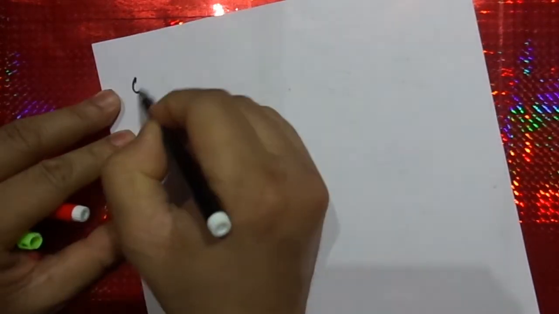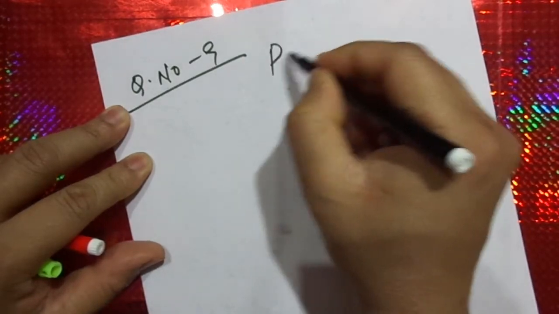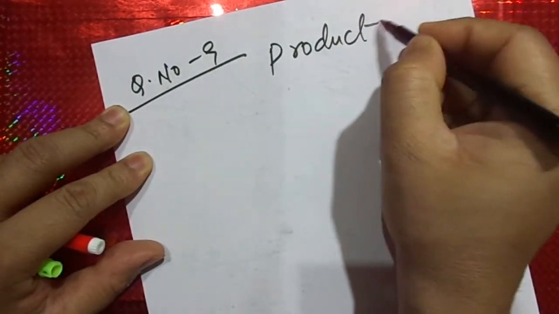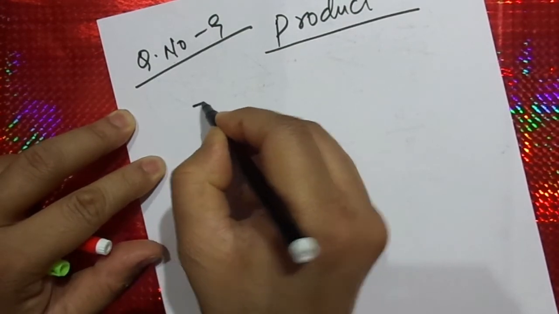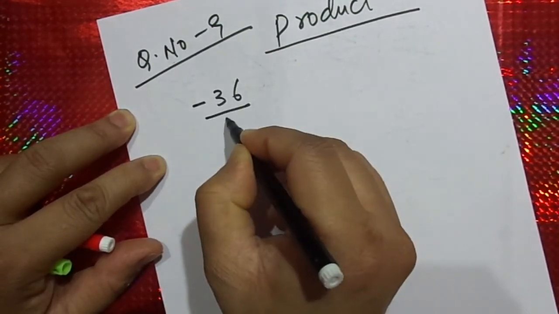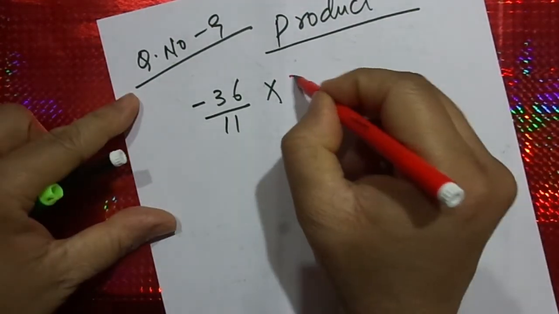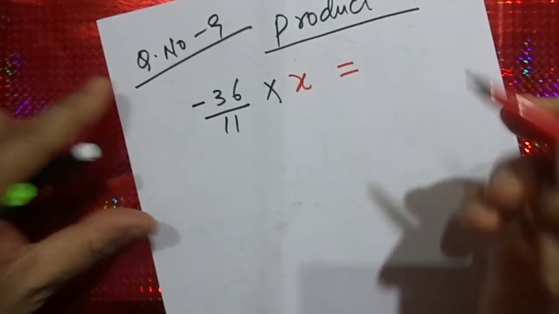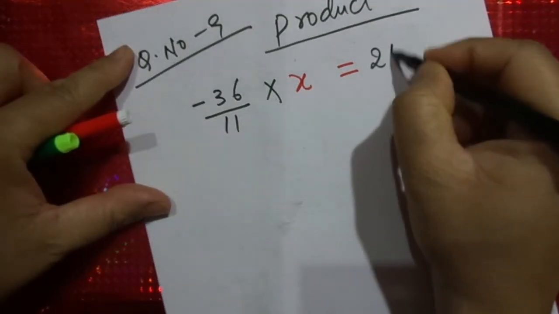They are talking about the product of 2 numbers, in which one of them is minus 36 by 11 and the other one is, I don't know, you also don't know, let's find it out, is equal to 24.